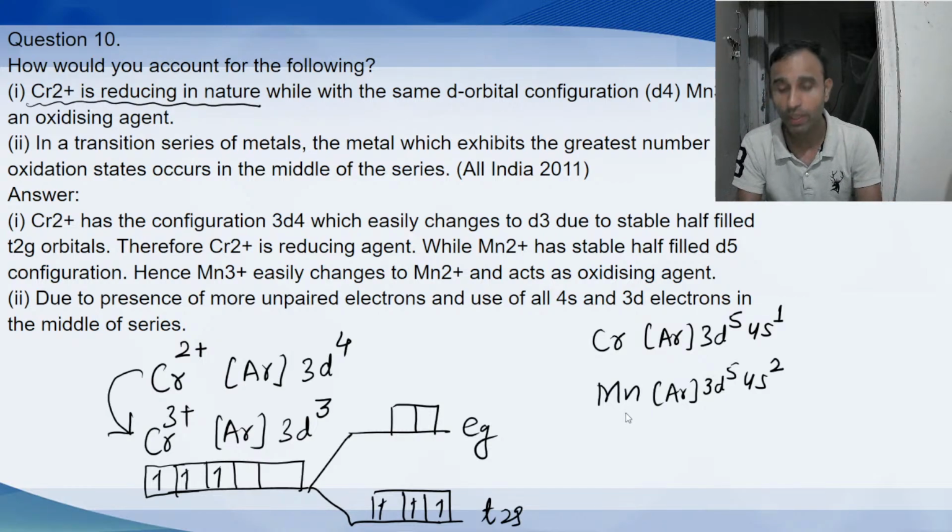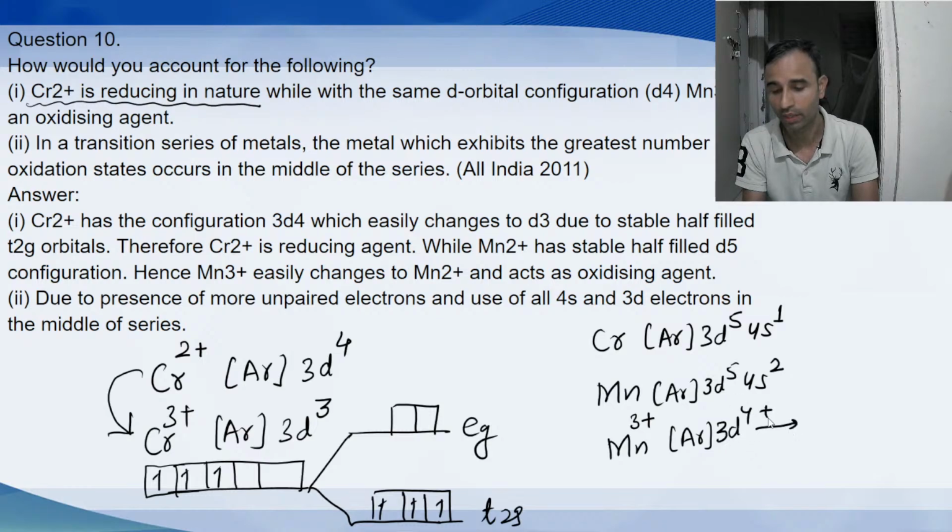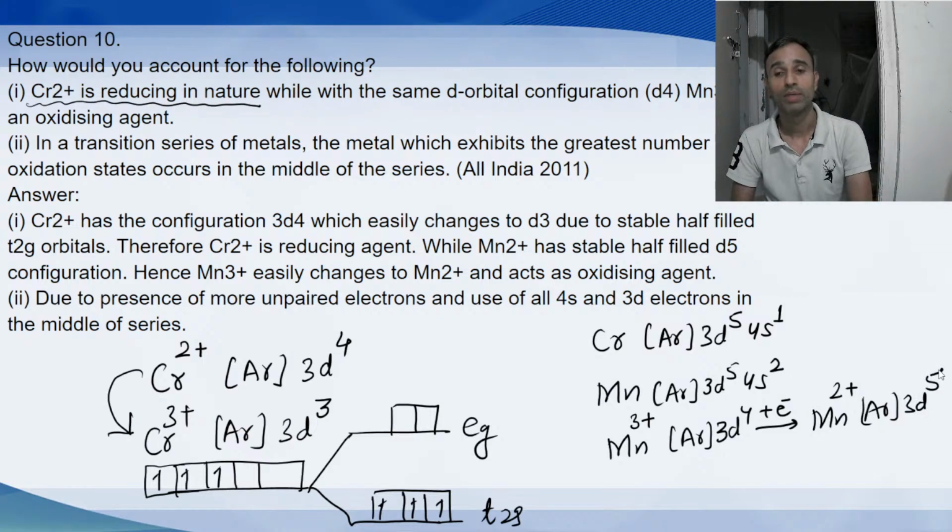But if you compare with Mn, Mn3+ is 3d4, and if it gains one electron, Mn2+ becomes 3d5, because losing an electron from 3+ is difficult, but gaining an electron is easier.